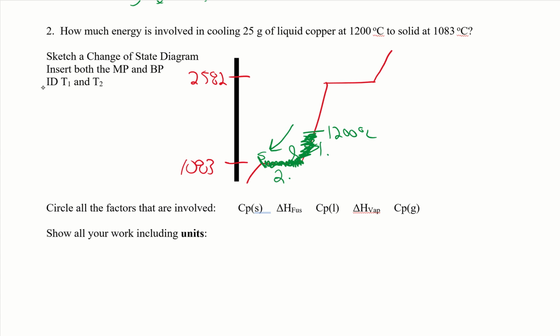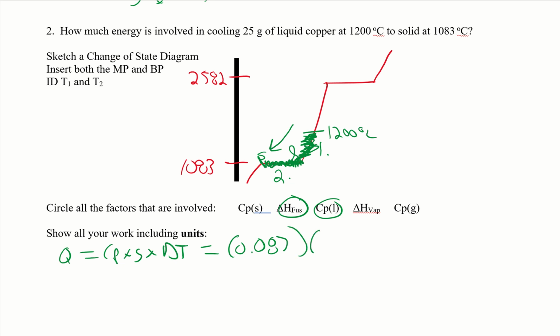So step number 1, let's go ahead and use our Q formula. We're going to be using CP of a liquid for the first step, and then delta H of fusion for the second step. So Q equals CP times grams times delta T. We need to look up our CP of a liquid for copper, and it is 0.087 calories per gram degrees Celsius, and 25 grams.